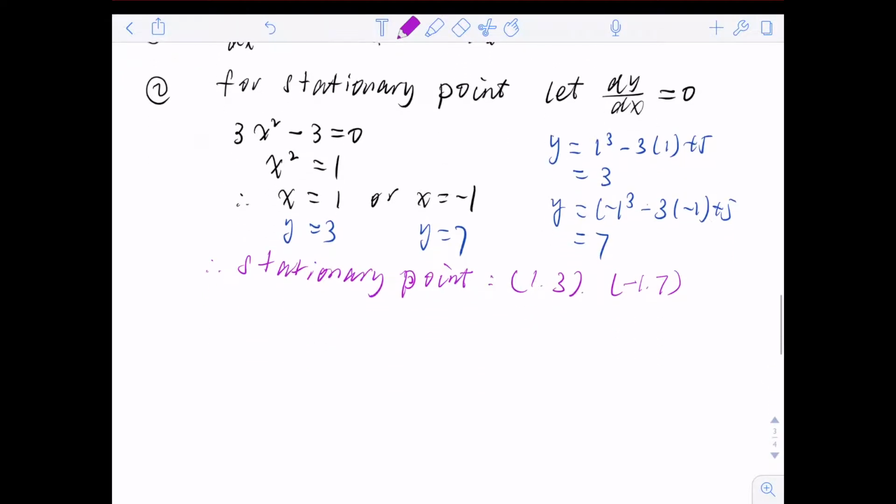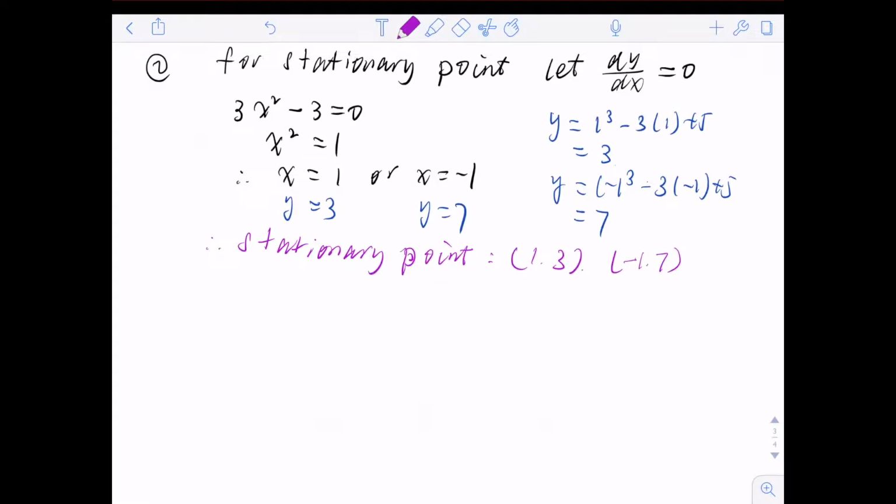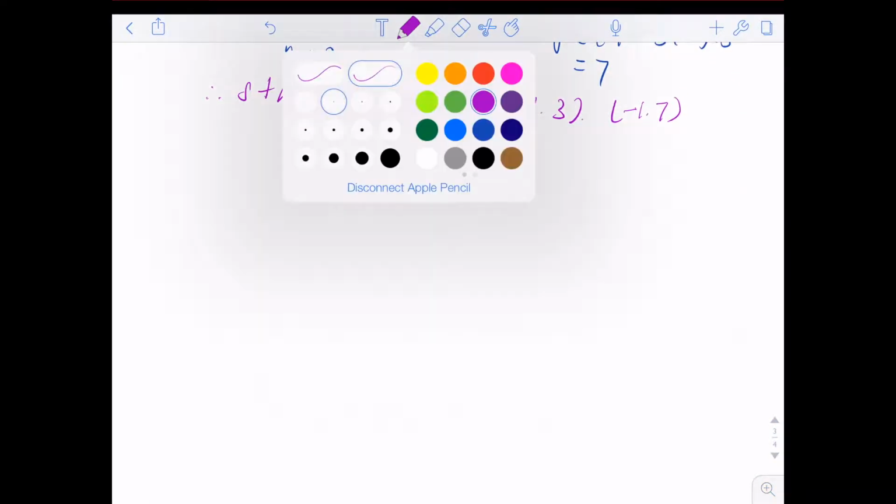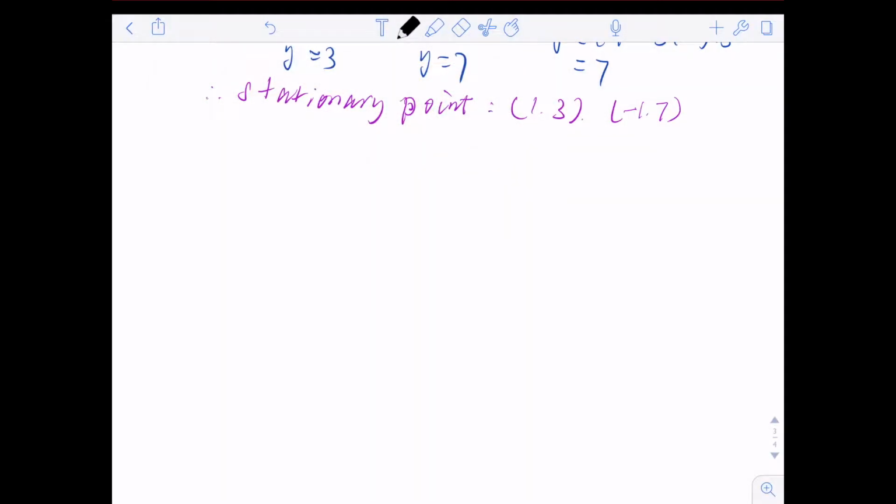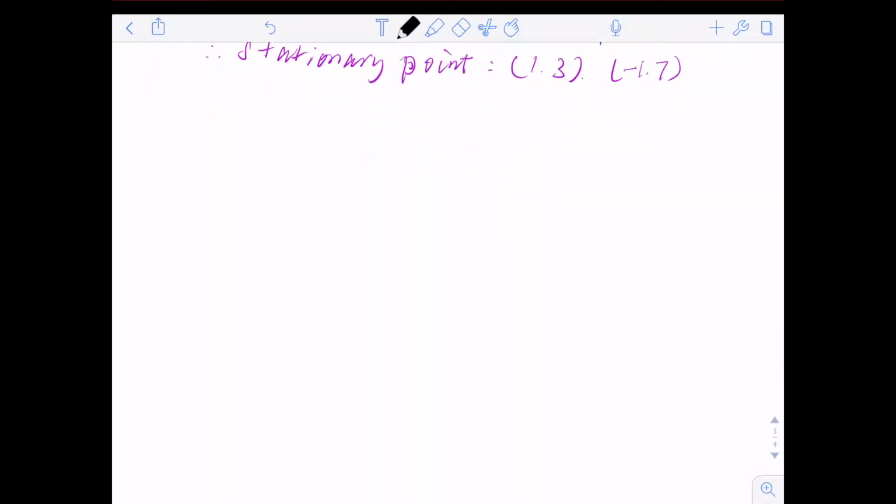Okay, second step done. And then the third step, I need to determine the nature of the stationary points.